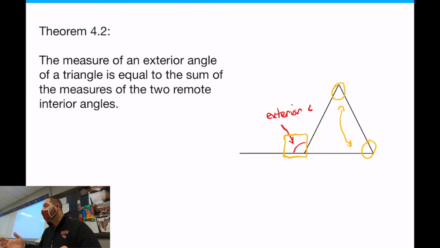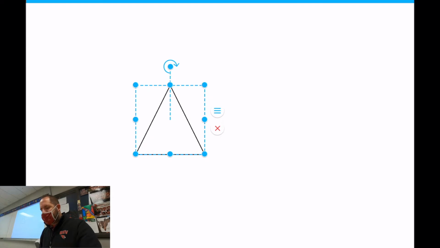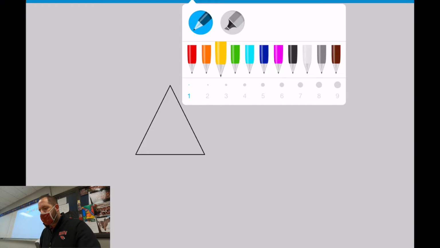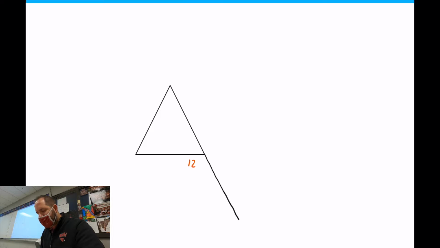So how you'd use something like this in your basic problem, let's say I give you a triangle, and again, I extend one of the walls further. It doesn't matter which wall I extend. Let's say I extend this wall over here, I go down further that way. Well, then the angle on the outside, let's say that this angle down here is 123 degrees, and this angle up here is a 57 degree angle.